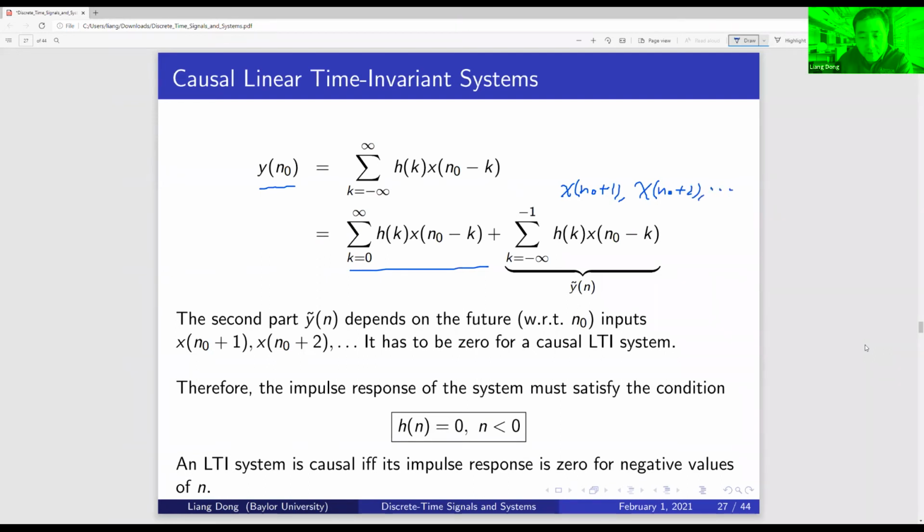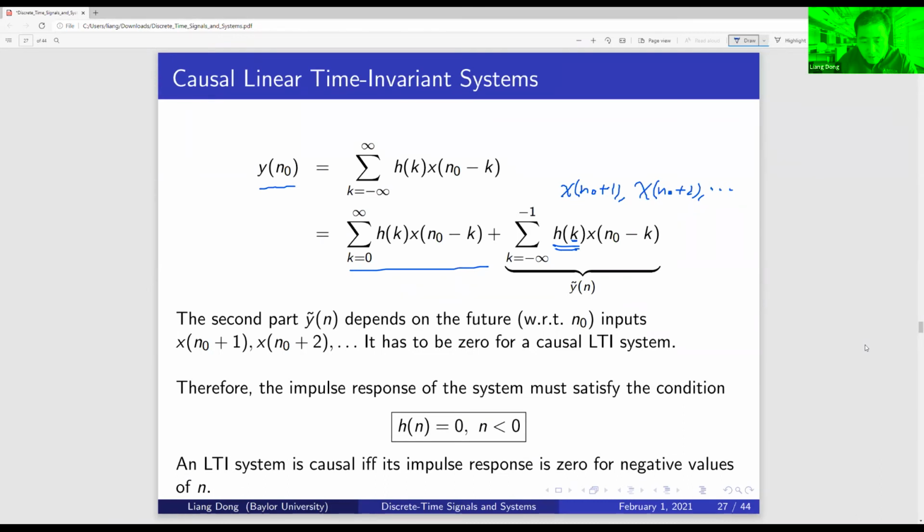And these are the future inputs relative to my time n0. Now, if I have a causal system, it should not depend on future inputs. Therefore, I should make these h all zeros. If all these h are zeros, then indeed my system does not depend on future inputs. And these are the h when k is negative.